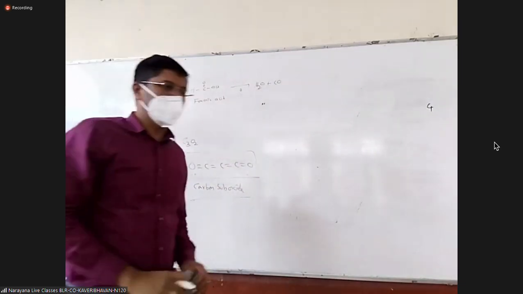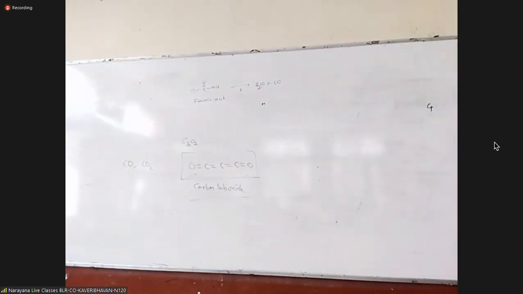There are also equations. Equation not required. Carbon monoxide is prepared by heating potassium ferrocyanide with concentrated sulfuric acid. All of you listen here: these reactions are as they are, there is no change, and you have to remember them. I will tell you what points you have to remember.